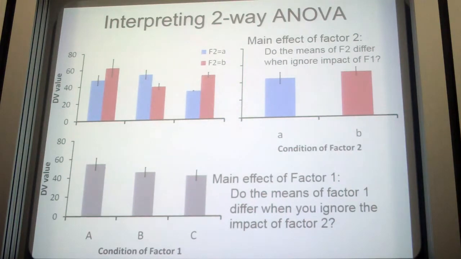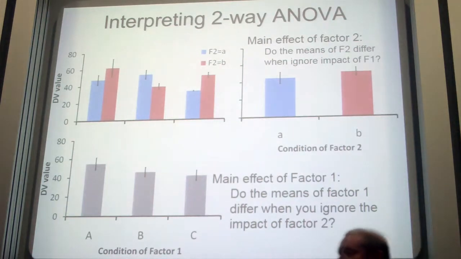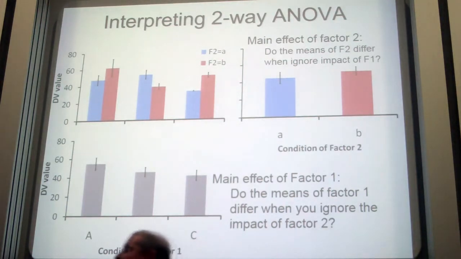So when we look at this, if you've got a main effect of factor 1, so A, B or C in capitals, are these means statistically the same? The main effect of factor 2 is looking at the little a, little b, the red versus blue, and saying if we average across the different levels of factor 1, are they the same?